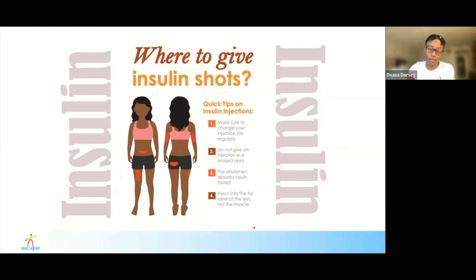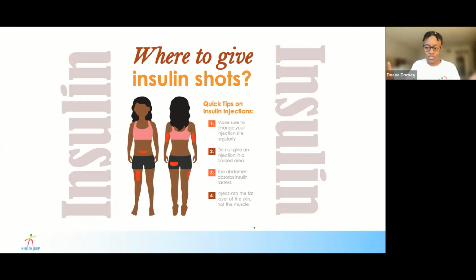Again, when I worked with some of my patients in the past, there were what I call veteran diabetics, people who have had diabetes for a while. In talking with them, I discovered that they did not quite know where to give their shots, which is why they were seeing me in the first place, because I worked with people who had uncontrolled diabetes. They'd say, I'm giving my insulin, I'm trying to eat right, I'm doing it.